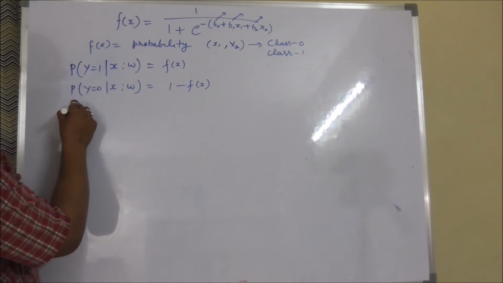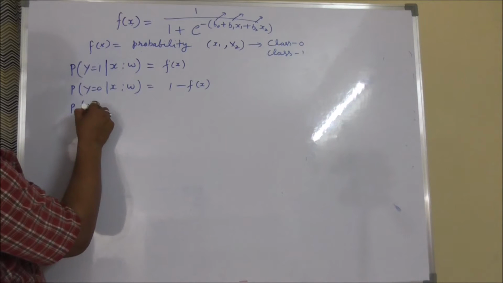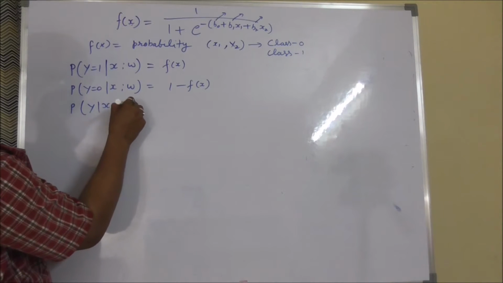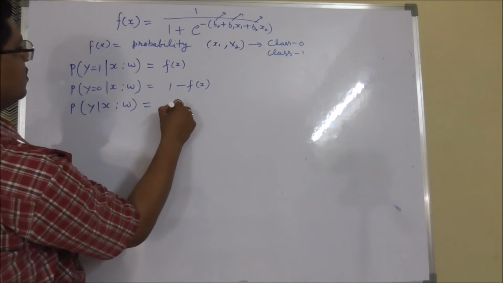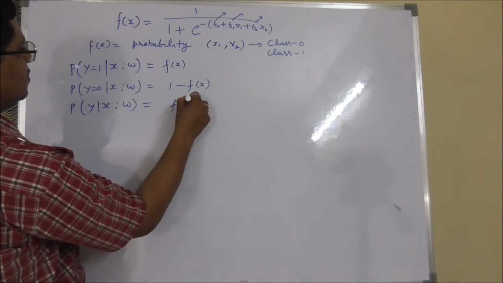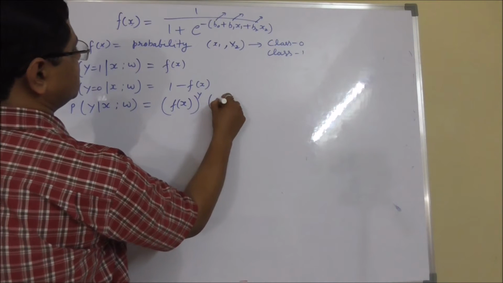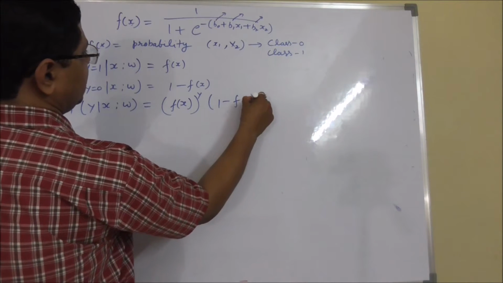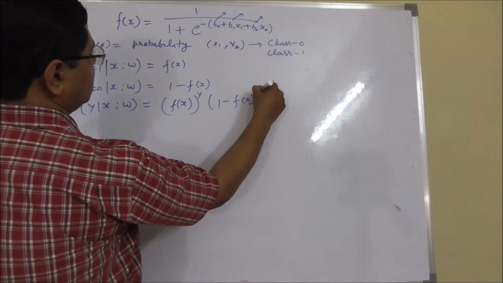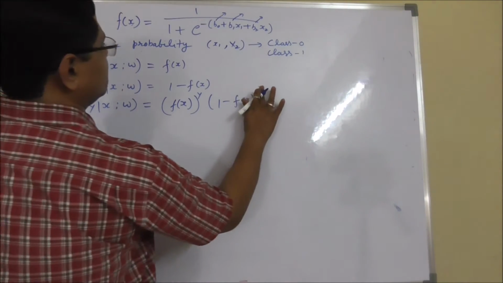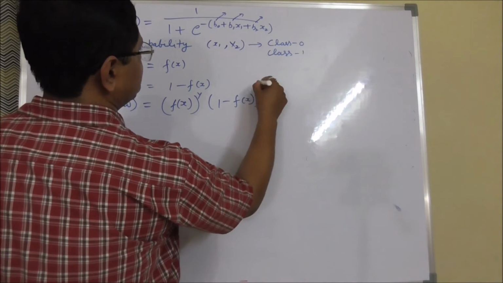Now we can generalize it: probability of y given x with weight vector w equals f(x) to the power y, times 1 minus f(x) to the power 1 minus y.